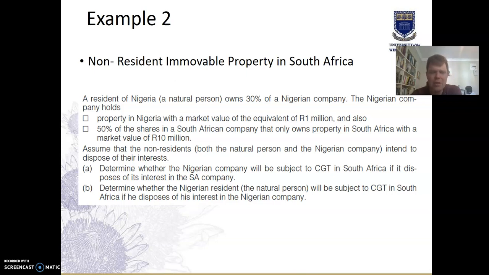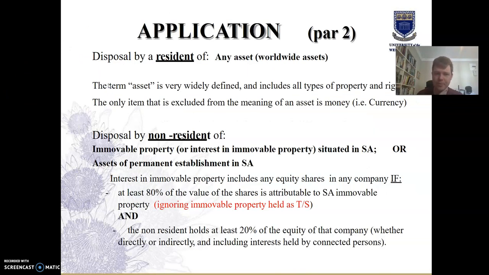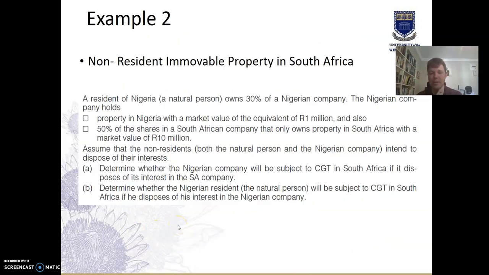Now, assuming that the non-residents, the natural person and the company, want to dispose of their interests, basically determine whether they'll be subject to CGT. A, whether the Nigerian company, and B, whether the Nigerian resident. So we need to take a step back and ask, in these scenarios, are these requirements going to be met?